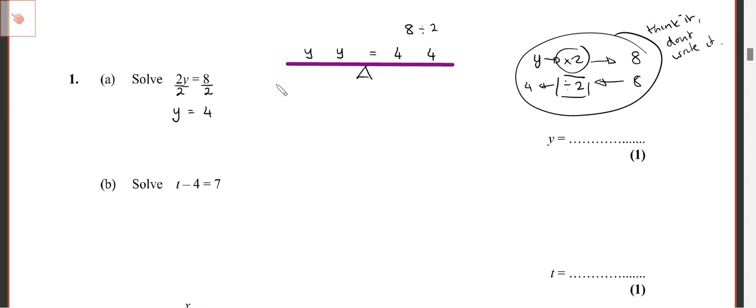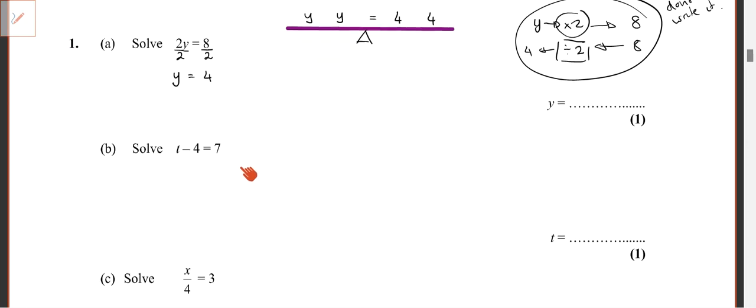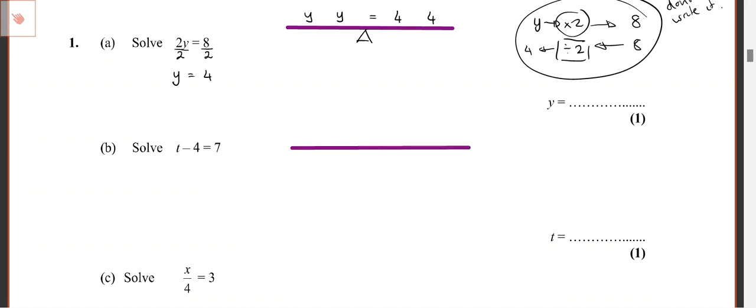So just to give you another example then, if we were to do B, solving t minus 4 equals 7, that would be like, if we want to do the balancing, having a t and then having negative 4, and on the other side a 7, so what do we do? 7 add 4. Okay, so we need to get rid of this, and we do that by adding 4 to it. So I have to add 4 to the other side.